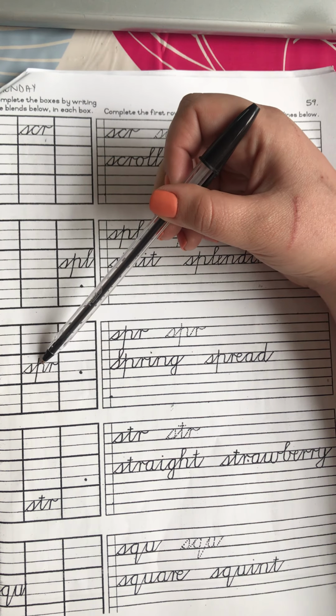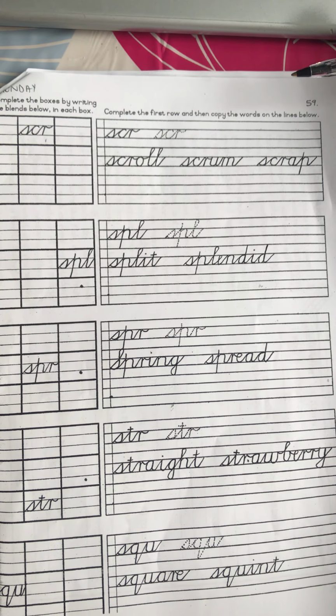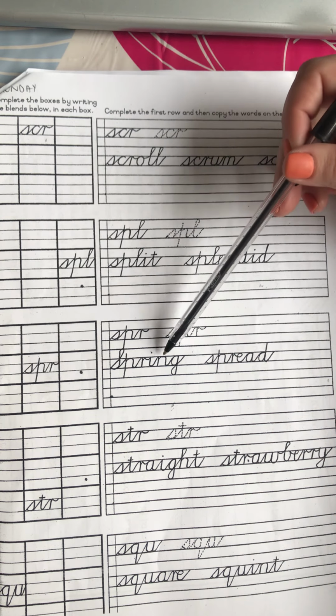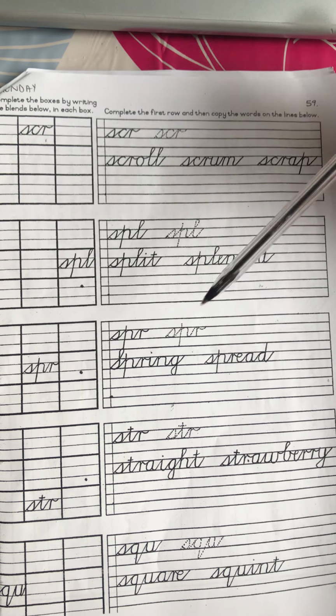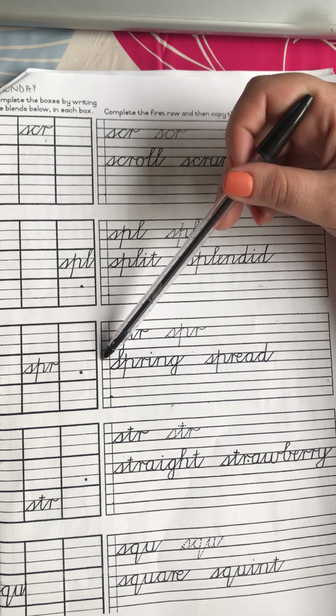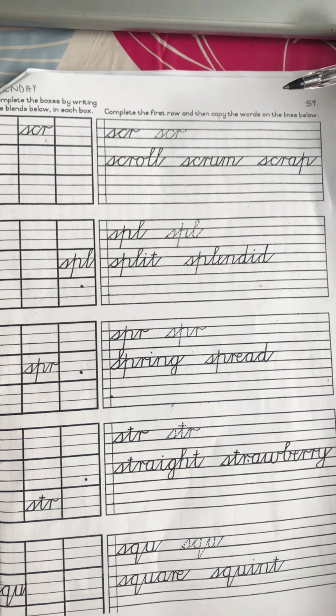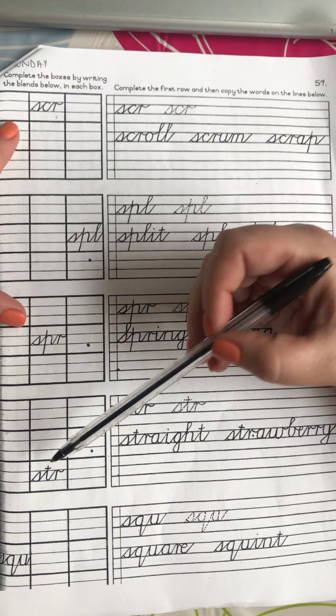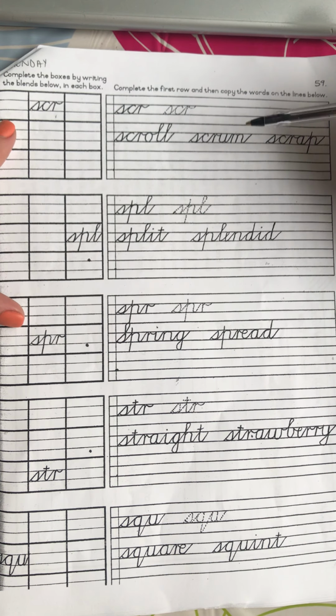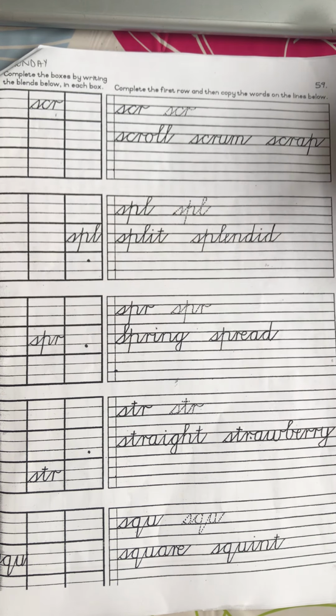Then, spr. Try to read these two words by yourself. Spring and spread. Spring is written with a capital letter because it's the name of a season. Good. Str. Try to read those two words by yourself.